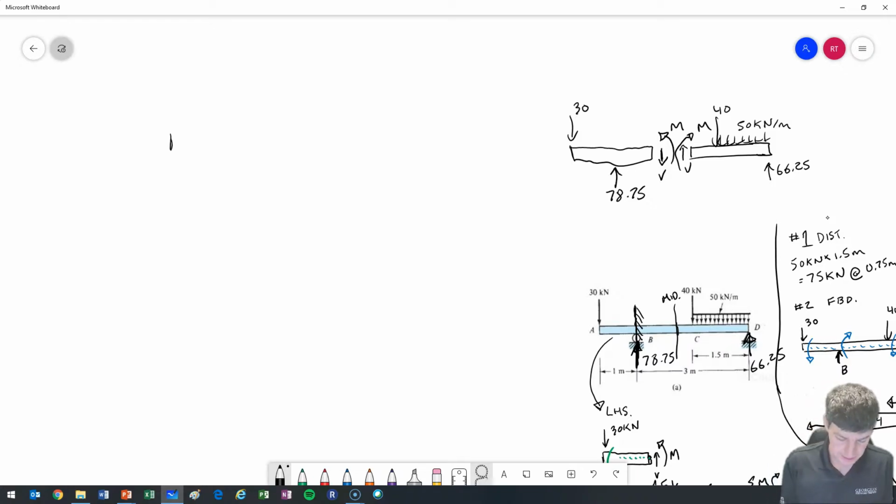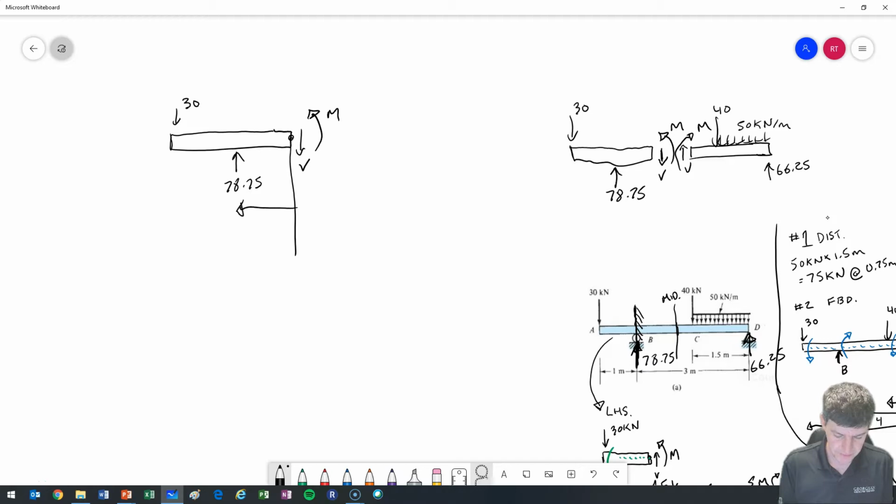So my left-hand side looks like this. 30, 78.75. I have my pivot point, I have my V, I've got my M. Distances from that pivot. So the whole section is 2 meters long, and it's 1 meter to B, and 2 meters all the way across.